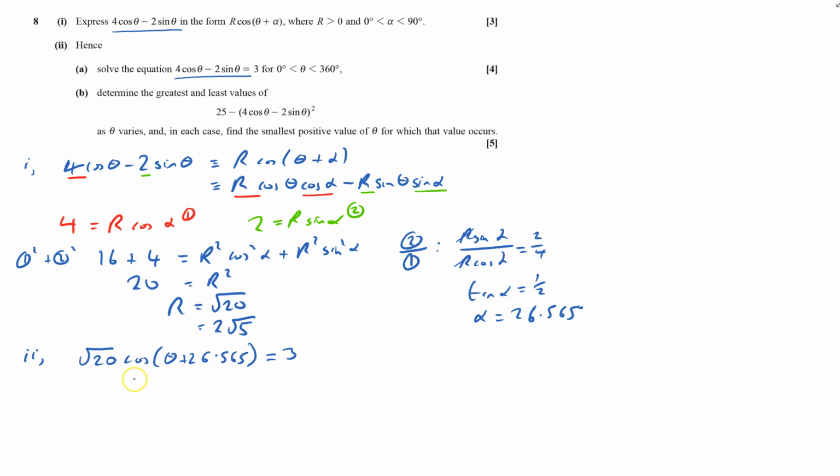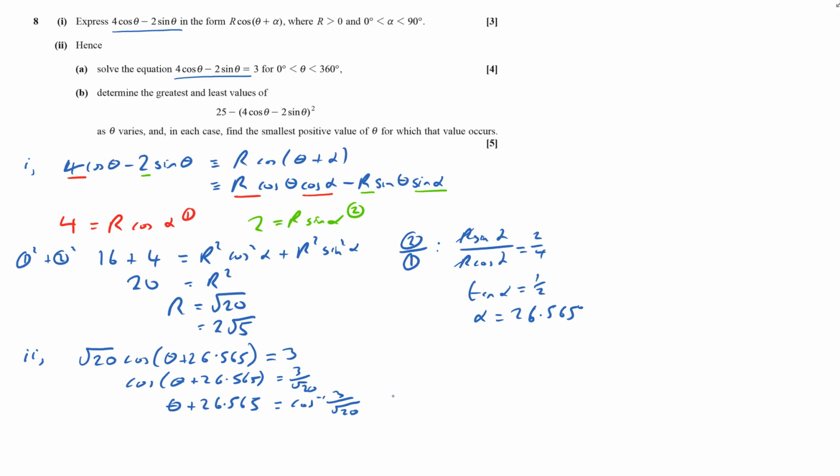So divide by root 20, and it says that cos of theta plus 26.565 equals 3 over root 20. I now need to get rid of cos, so inverse cos. So theta plus 26.565 equals cos to minus 1 of 3 over root 20.